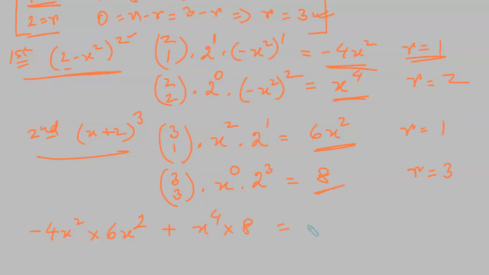So this gives us negative 4 times 6, which is negative 24x to the power of 4, plus 8x to the power of 4. So this is equal to negative 16x to the power of 4. Since they are asking about the coefficient of the term which contains x to the power of 4, this should be our answer: negative 16.